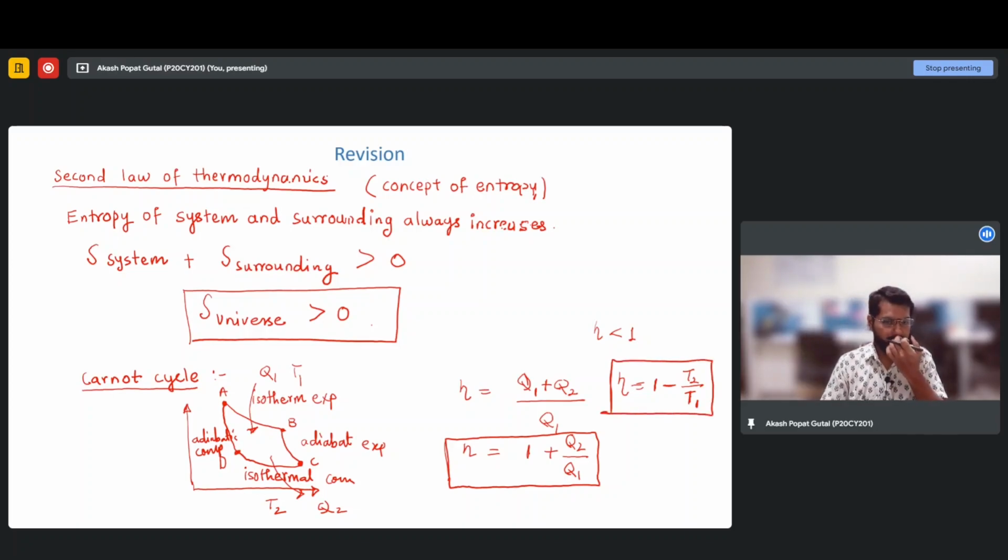So we can say the maximum efficiency can go up to 1, but that is only an ideal condition. This is not possible.